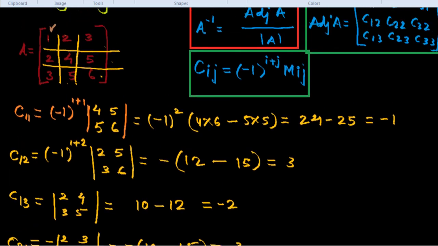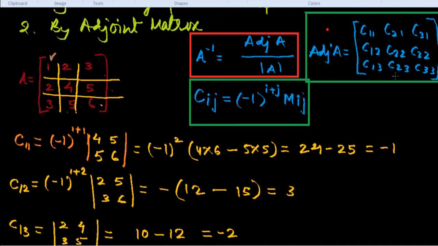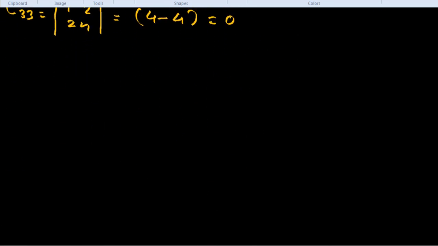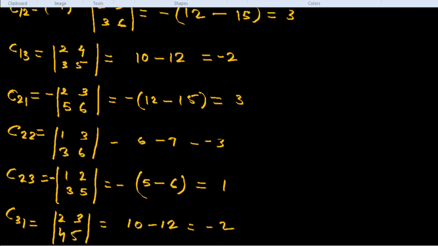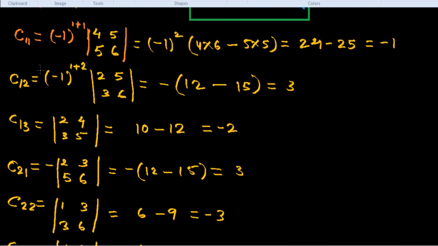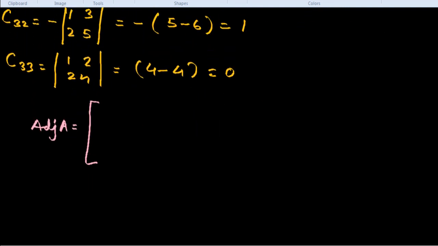Now we will find out the adjoint of A. The adjoint of A is C11, C12, C13, C21, C22, C23, C31, C32, C33. So I will write here adjoint A. C11, C12, C13 is minus 1, 3, minus 2, and we put it here.